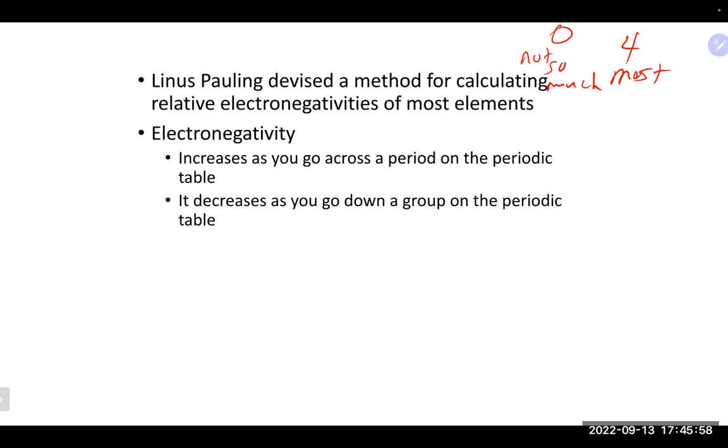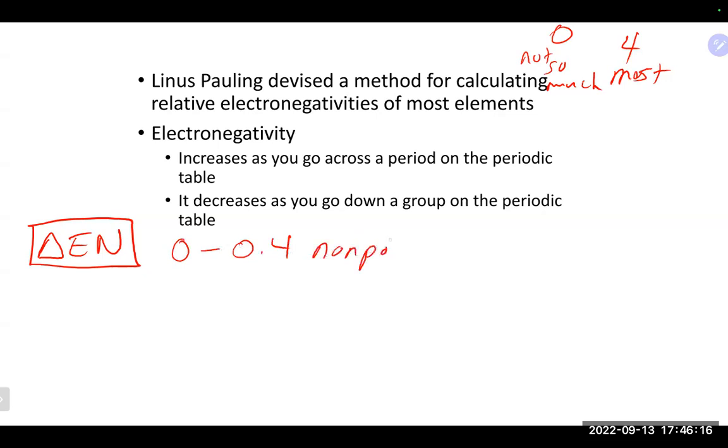If you take the difference in electronegativity, which is the change in electronegativity, you do it by just subtracting the two values. If you get anywhere between 0 and 0.4, that is usually considered a non-polar covalent bond.